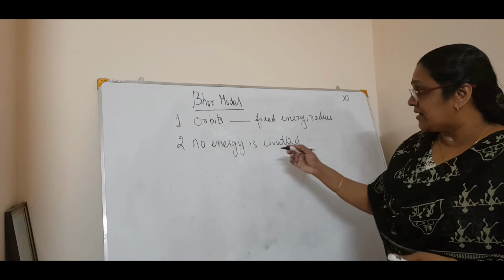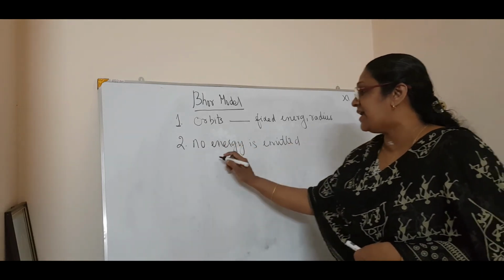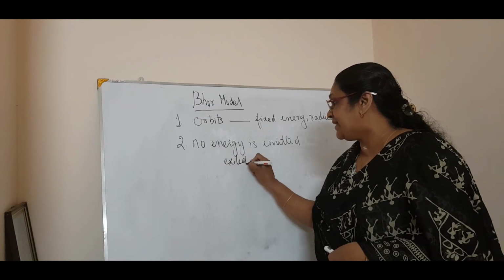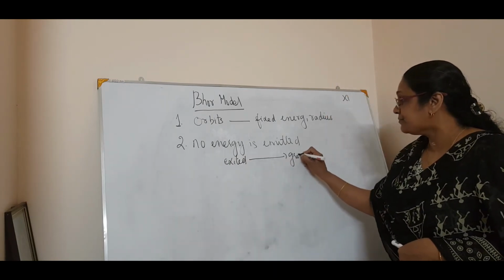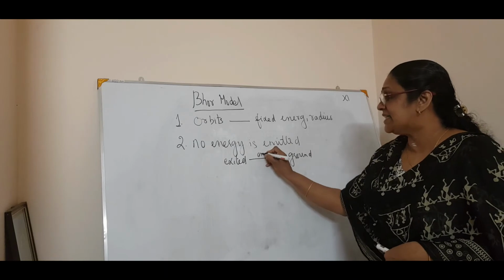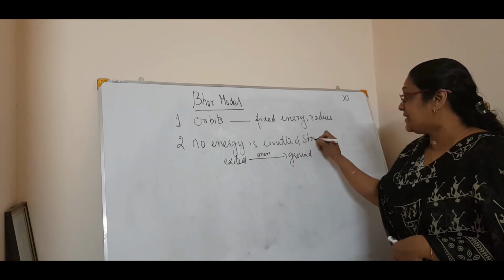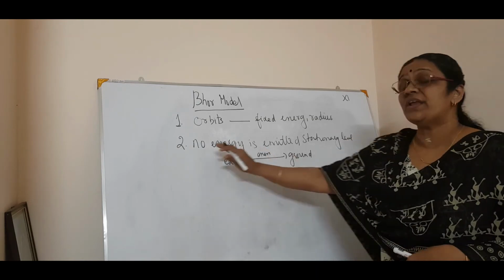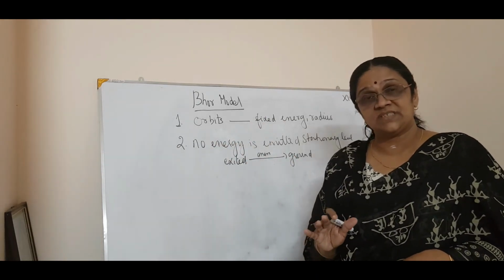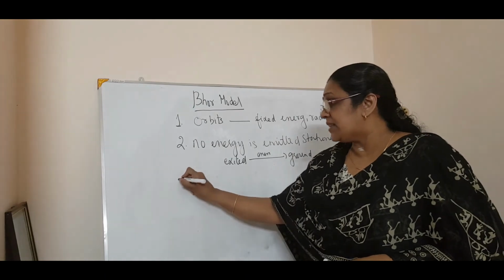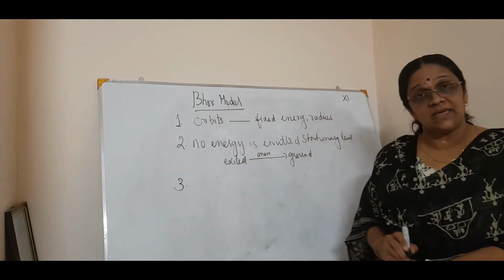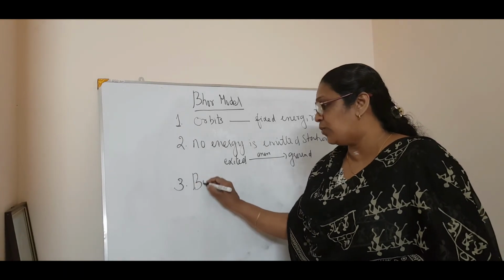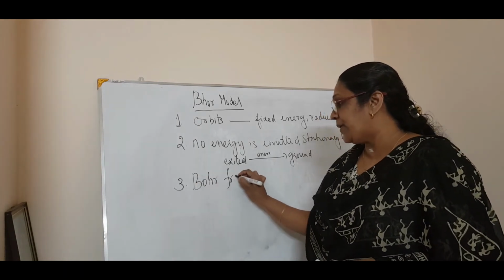So no energy is emitted in a stationary level, but energy is emitted when going from an excited state to a ground level. See the difference? Now the third postulate, which is even called the Bohr frequency rule. What is it? Bohr frequency rule.